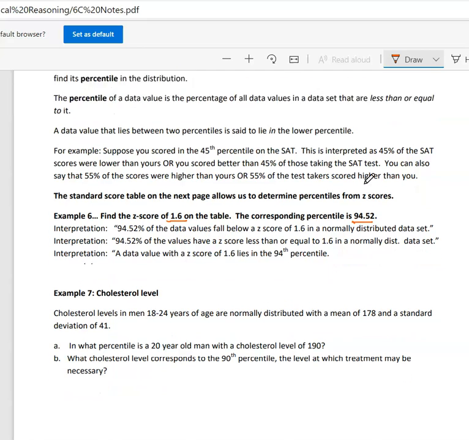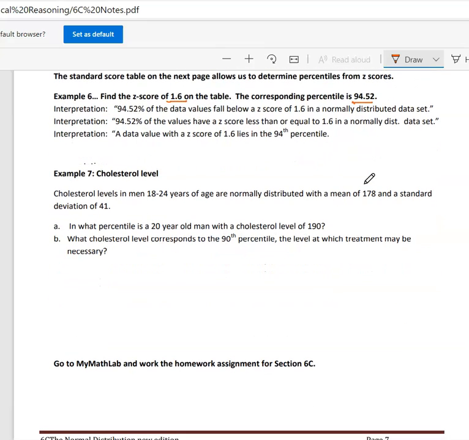So it's given us a problem here. Cholesterol levels in men 18 to 24 years of age are normally distributed with a mean of 178 and a standard deviation of 41. In what percentile is a 20-year-old man with a cholesterol level of 190?